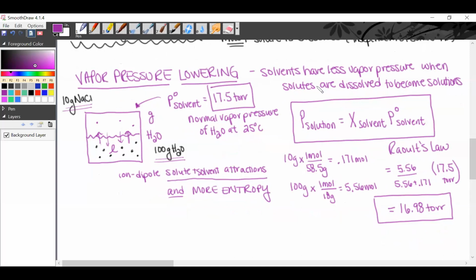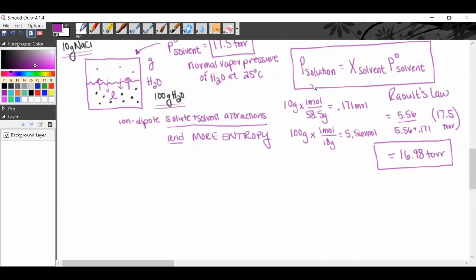But if we've just lowered the vapor pressure, by taking a solute and making it less likely that the liquid becomes a gas, we've now made it harder to boil it, right? If we've lowered the vapor pressure, we've now increased how much heat we need to give that substance to get that vapor pressure high enough to boil it. This is called boiling point elevation. This is our next colligative property.